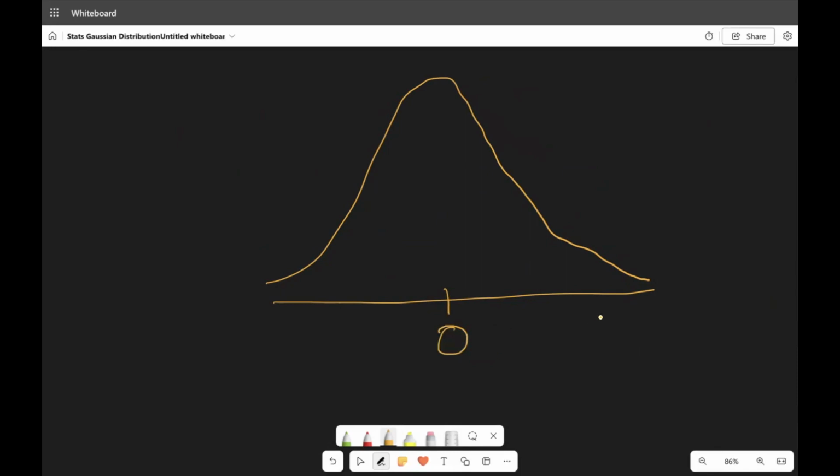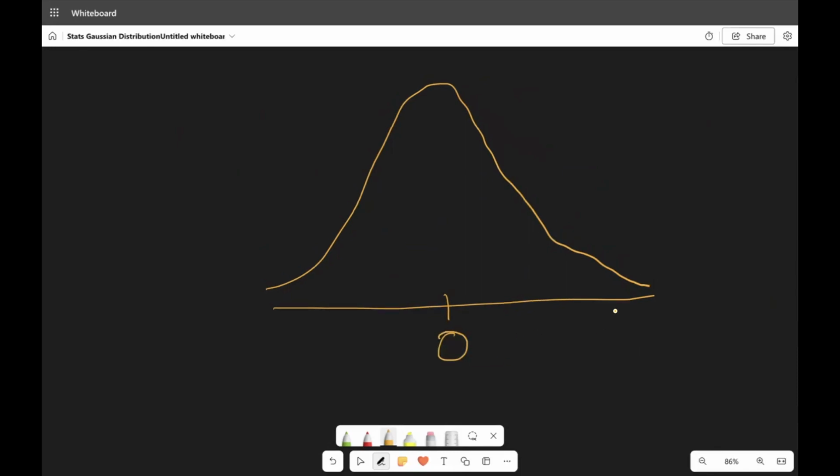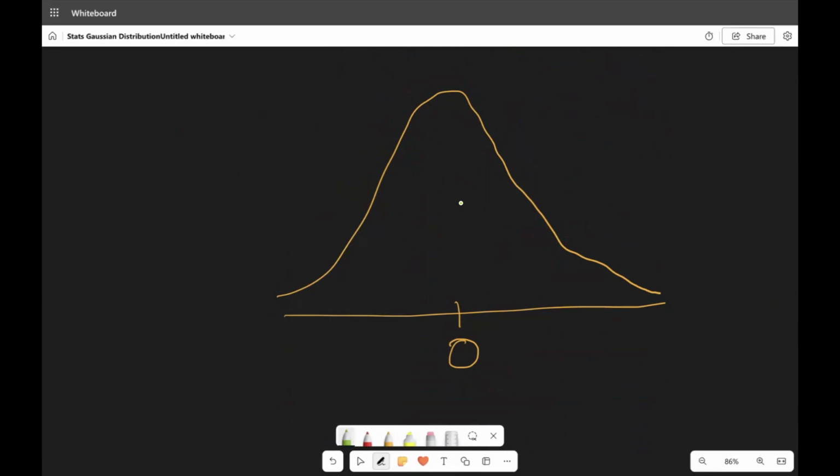And we will see how variance plays into this. This thing will be my variance. Let's say this is -2, this is +2, and take this as -4, this as +4.